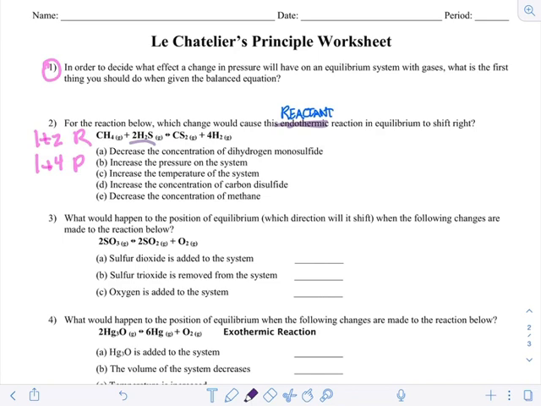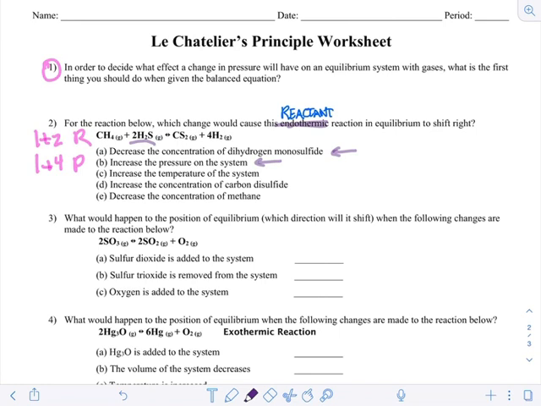So if they decrease the concentration, that is going to cause the shift to go towards the left, because it's almost like removing reactant, so we probably don't want that. Now they say increase the pressure of the system. If they increase the pressure of the system, the smaller number of moles is on the reactant side, so that will actually shift to the left.